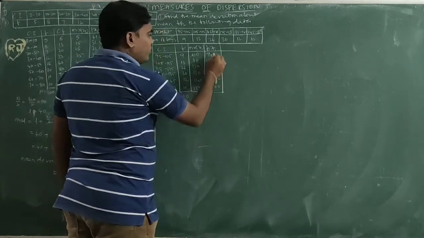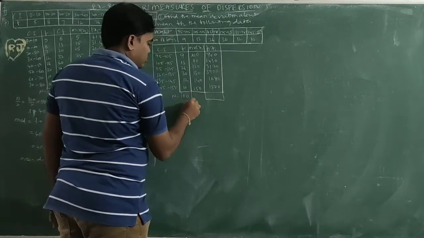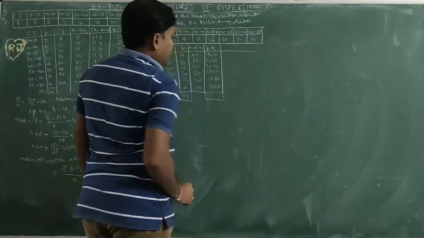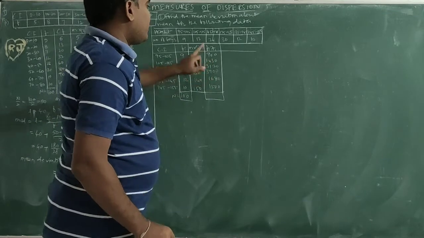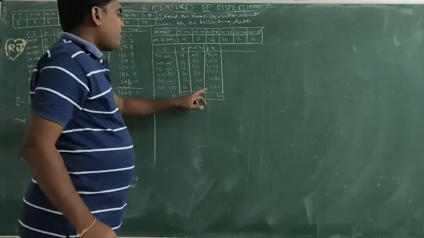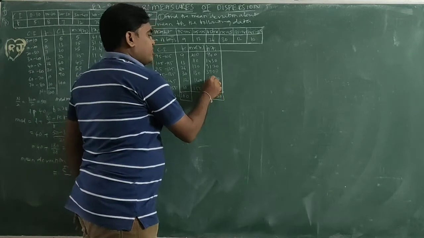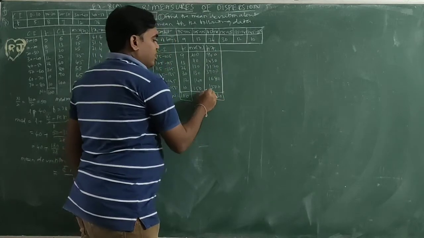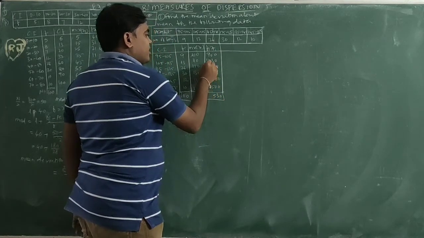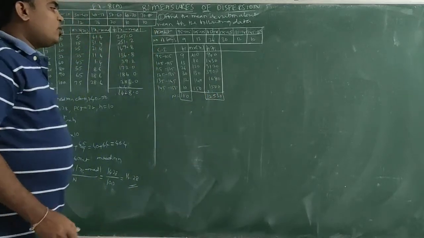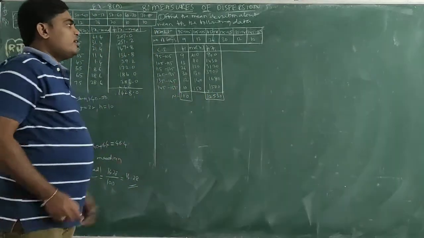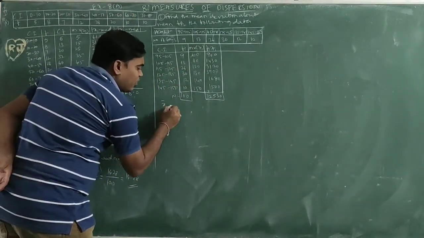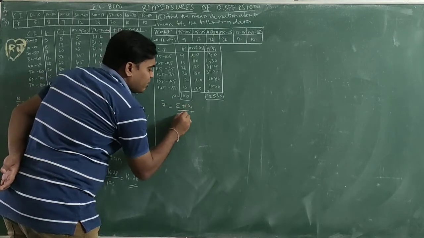Now, total. This is sigma Fi, this is N. So X bar equal to sigma Fi Xi by sigma Fi.